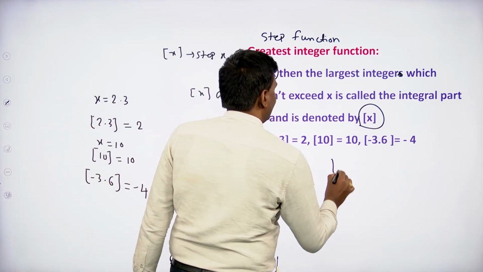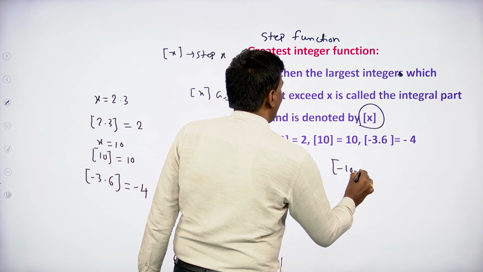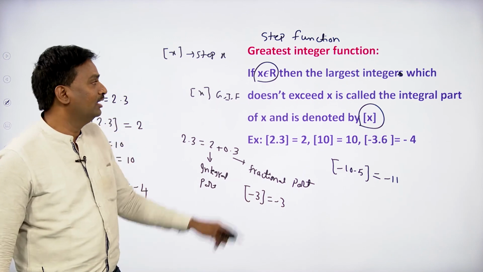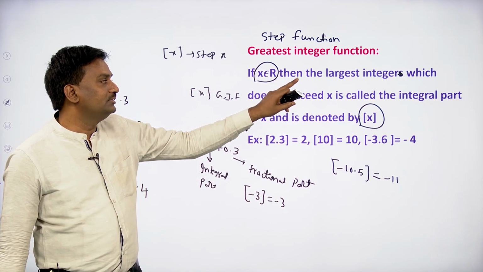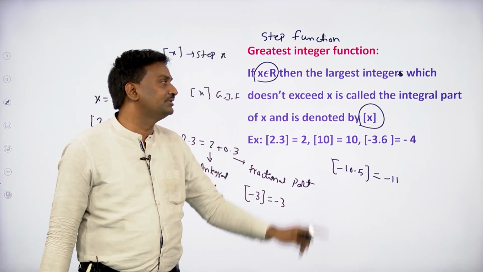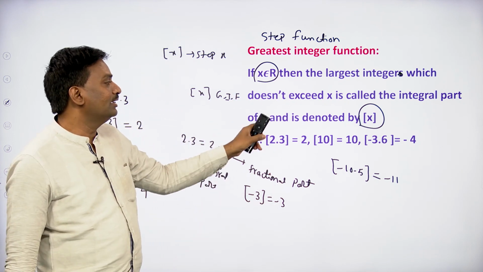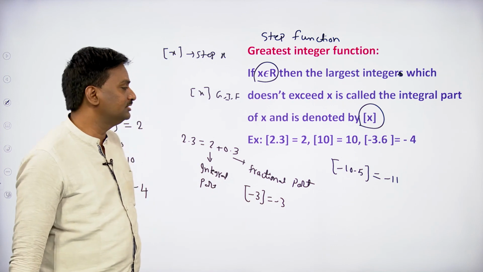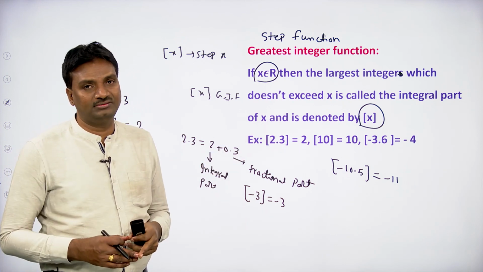For minus 10.5, the number before it is minus 11. So if x belongs to R, then the largest integer which does not exceed x is called the integral part of x, denoted like this, and we read that as step x. So these are the examples.